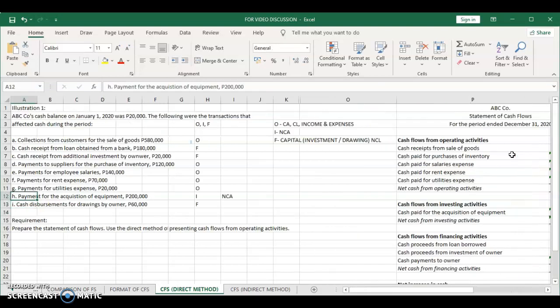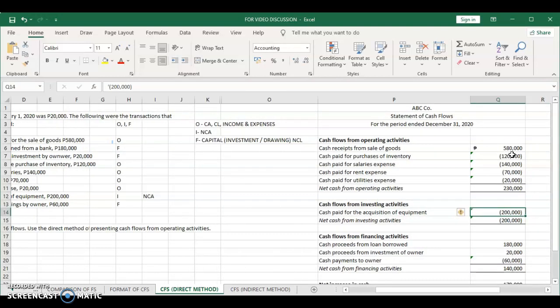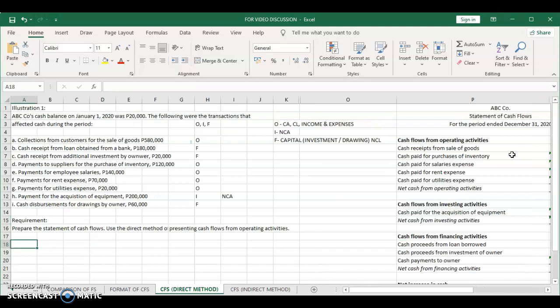We only have one investing activity, which is letter H, payment for the acquisition of equipment. When you pay, of course, there is an outflow of cash, kaya kabawasan to class. Since yan lang, ang net cash from investing ni ABC company is 200,000, negative. Tapos na tayo sa investing. Let's proceed with the financing.